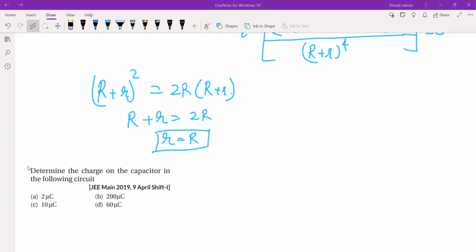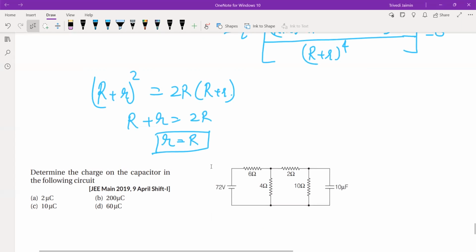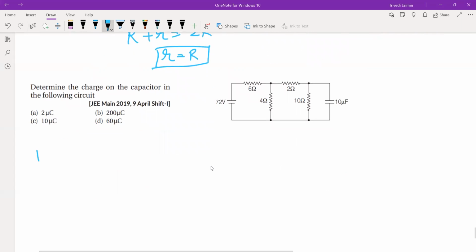There's no circuit here. It's there. Try this question as homework.